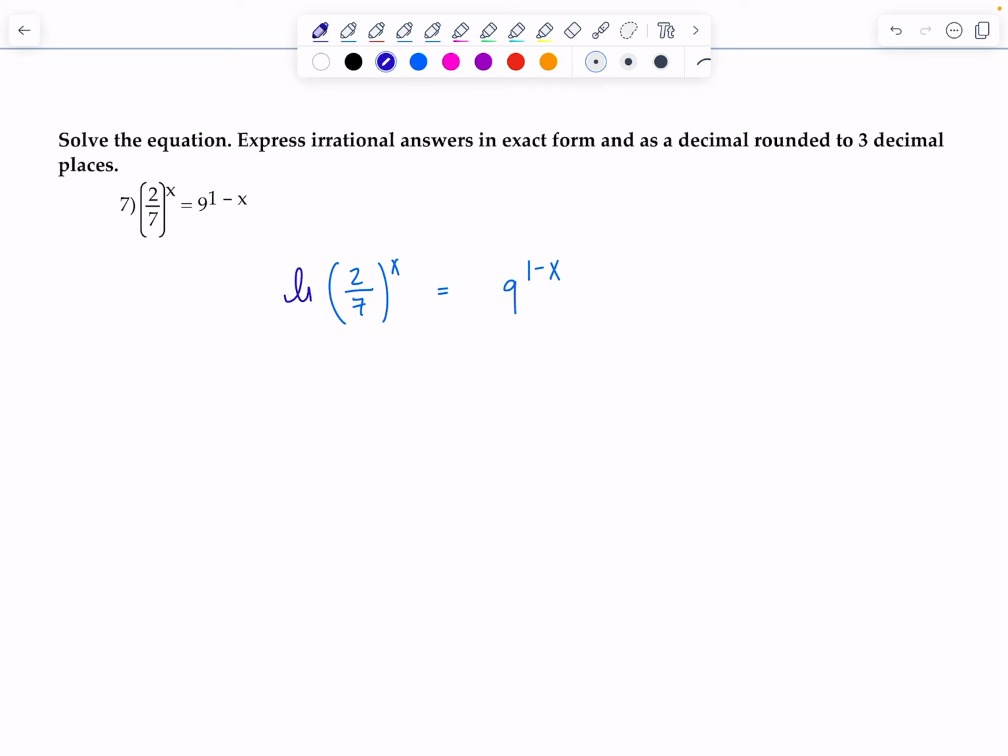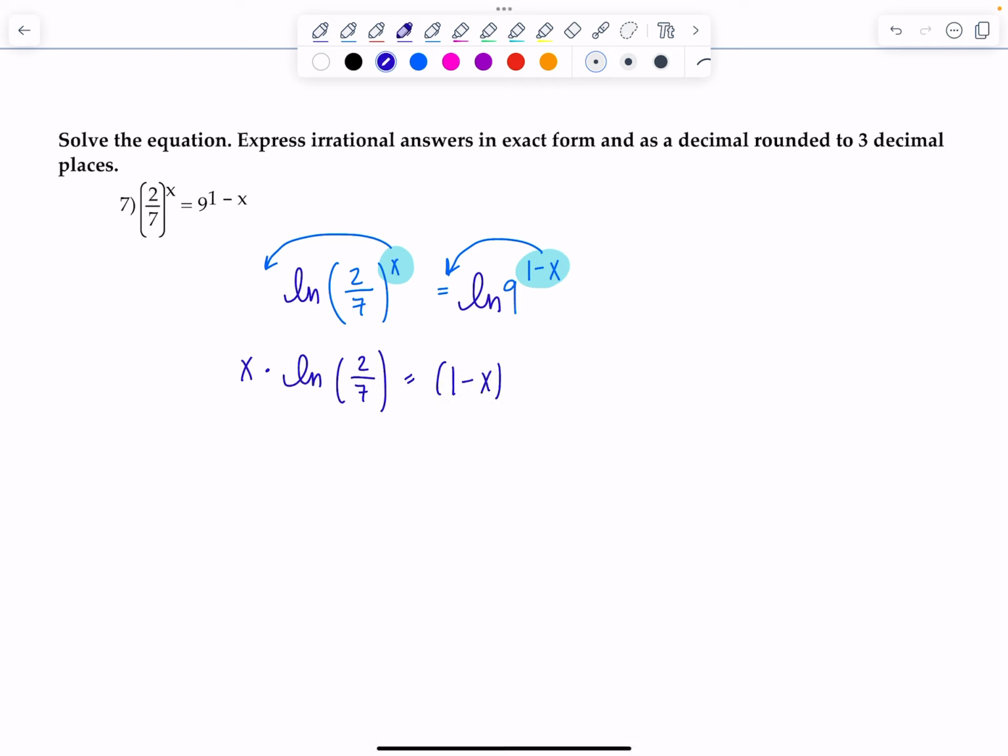So what you do is you take the natural log of both sides. Why would you do that? Because now you can move these exponents to the front using our log properties. So then now I have x times ln(2/7) equals (1 − x) times ln(9).